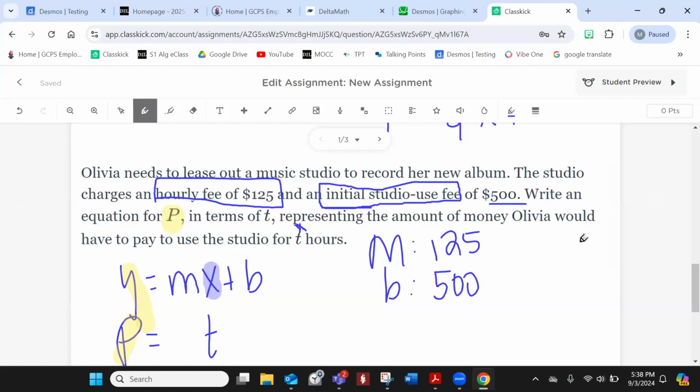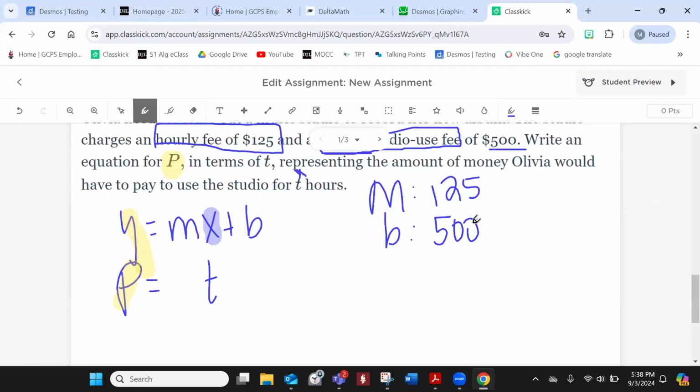You've got to pay that regardless. After that, it'll go up $125 an hour. So if I have these two things, I can now write my equation. Remember, P equals the slope, which is 125, times T in place of X, plus the initial amount, which is 500.